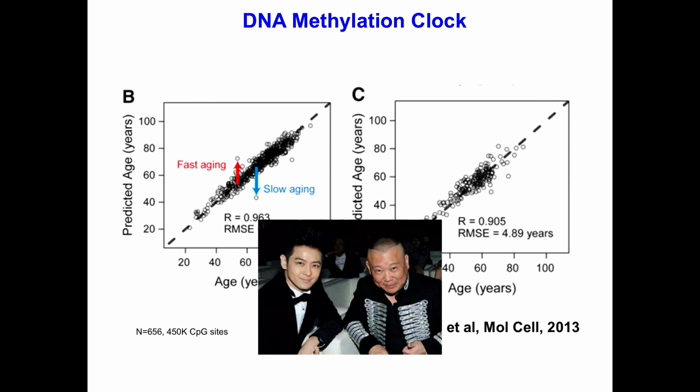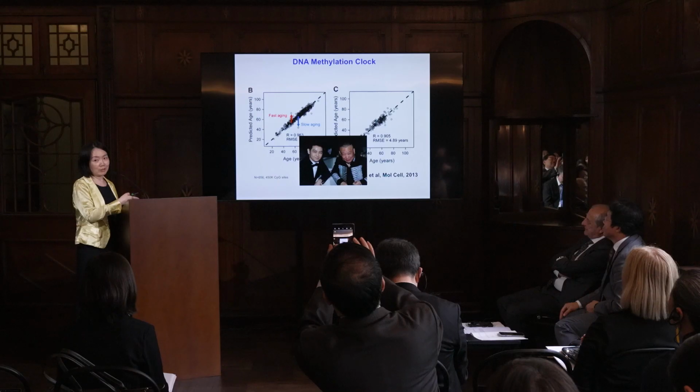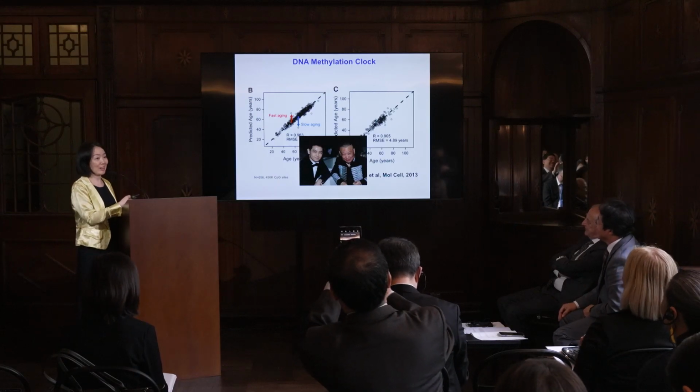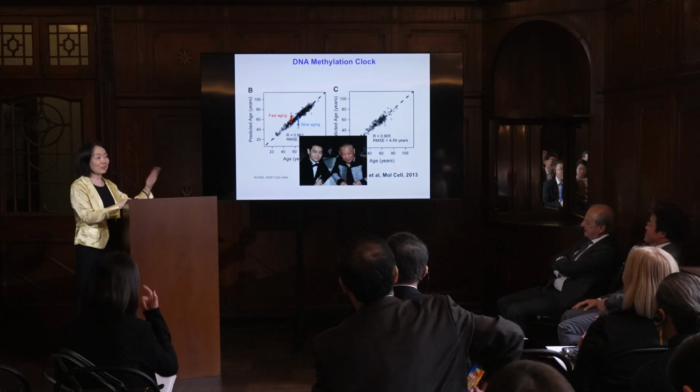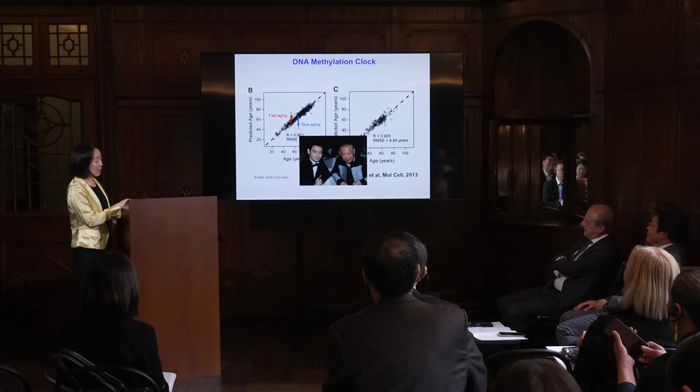Then we asked, you're all laughing because you already can see who's older, who's younger, right? Does anybody think this one is older? Yeah, you all agree it's the opposite, right?